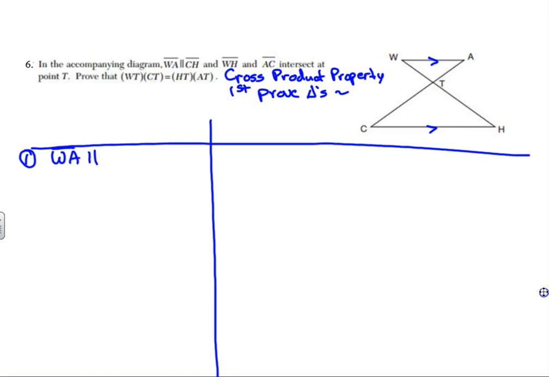So WA is parallel to CH, given, okay? I'm just going to go ahead and do it the same way. I'm going to do W and H, and A and C. Again, we could do vertical angles. That's completely acceptable.